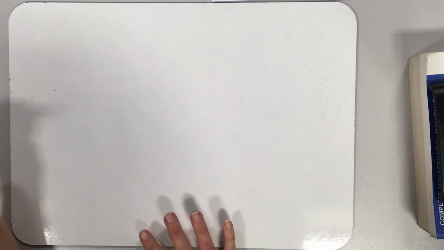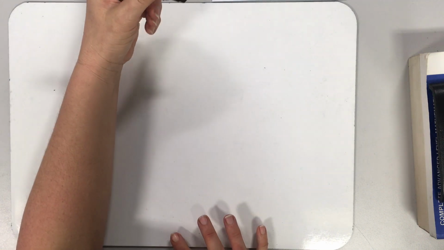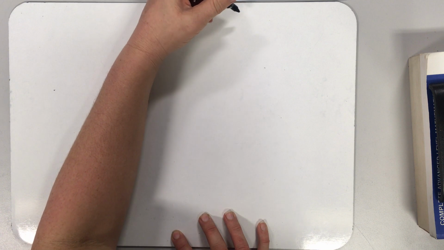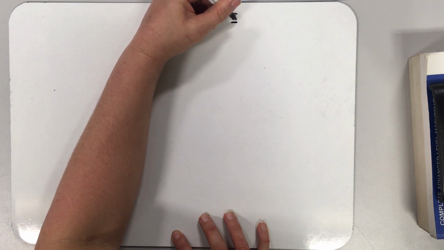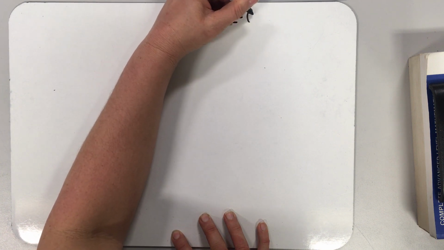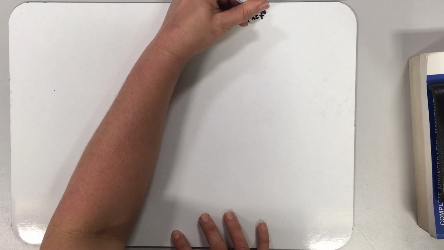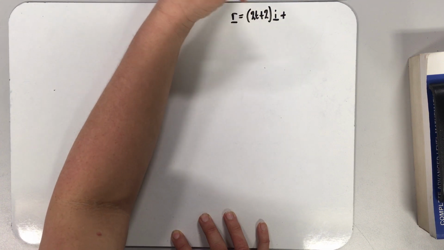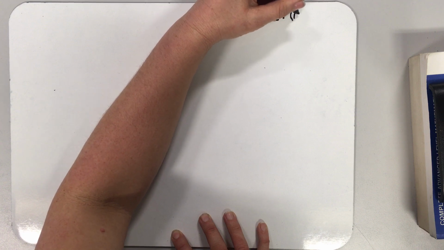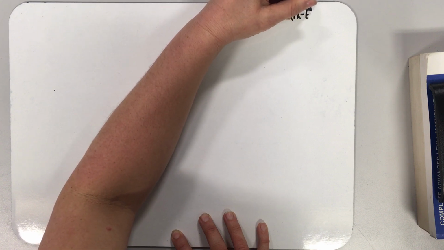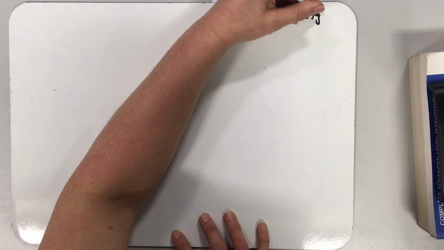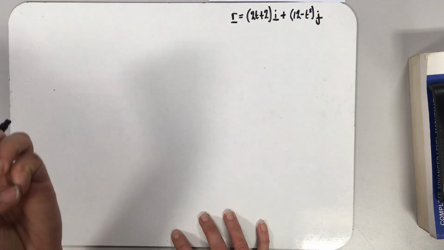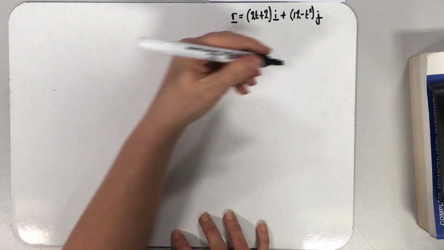So we have, relative to the origin, the position vector of a speedboat is modelled by r = (2t + 2)i + (12 - t²)j, where i and j are unit vectors perpendicular and parallel to the beach.